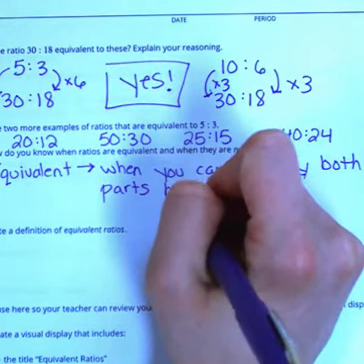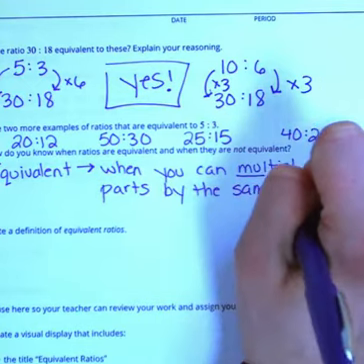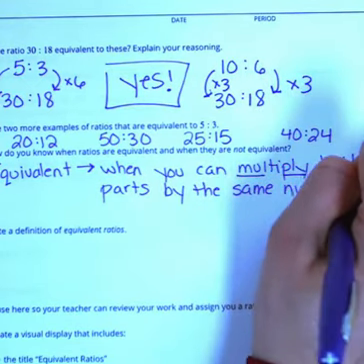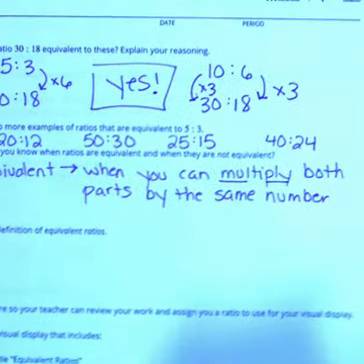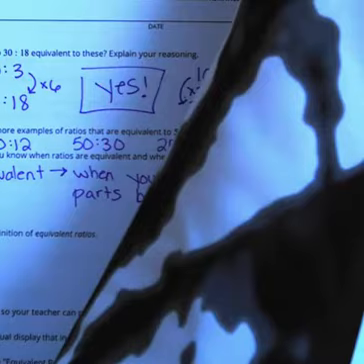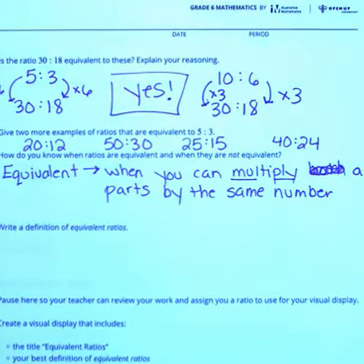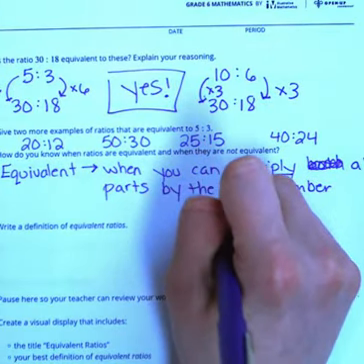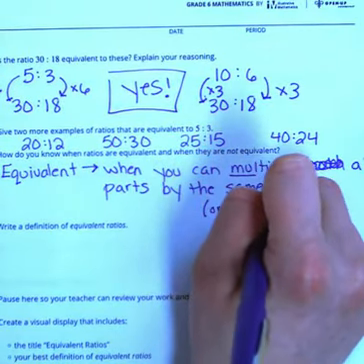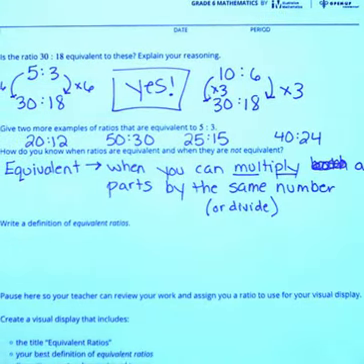When you multiply both parts by the same number. Or if there are 3 parts to the ratio, multiply all 3 parts. So maybe instead of both, I'll change this to all parts. I'm going to zoom out so now we can see the whole thing again. Okay, along with multiplying, sometimes we might also divide. Typically we will be multiplying, but know that we may possibly divide as well. This is not talking about adding and subtracting at all.